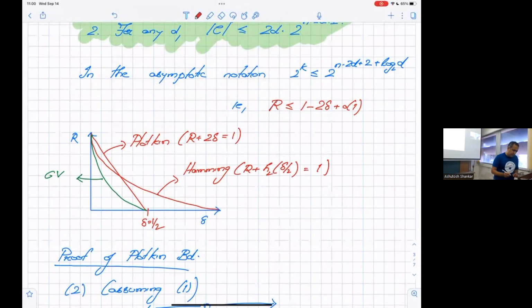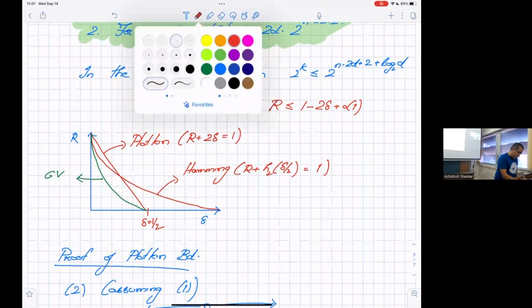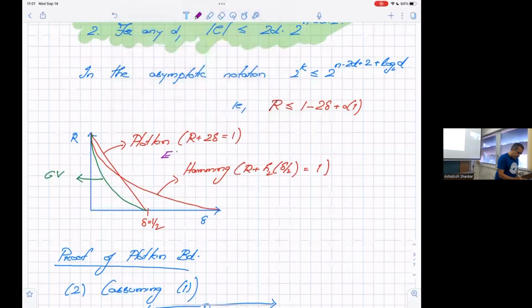And now the new curve which I want to draw is the EB bound. This is R plus H2 of half times 1 minus square root of 1 minus 2 delta equals 1. It's the curve below this. The question is, where is this?